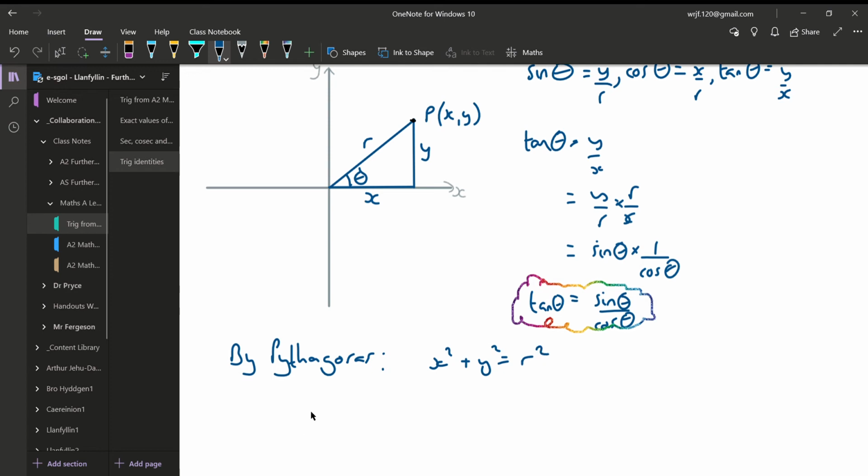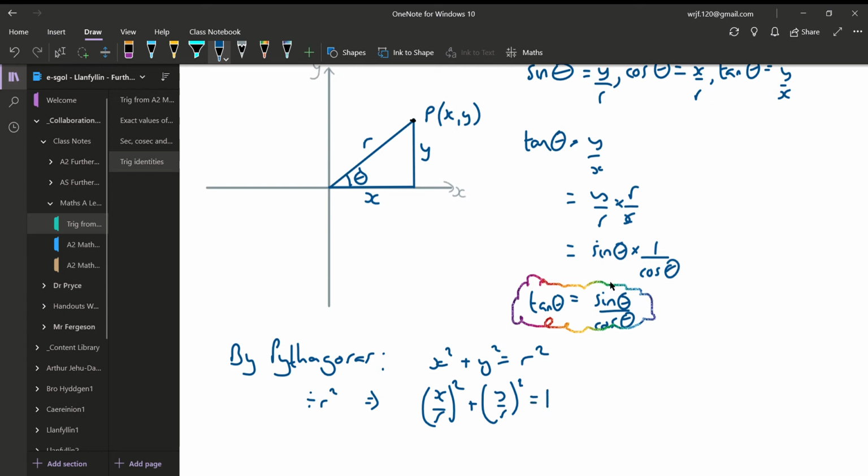And then if we divide throughout that by r squared, that's going to give us x over r all squared plus y over r all squared equals 1.